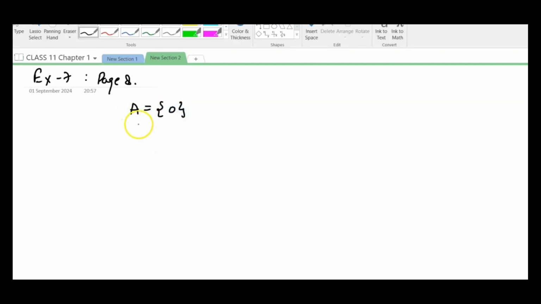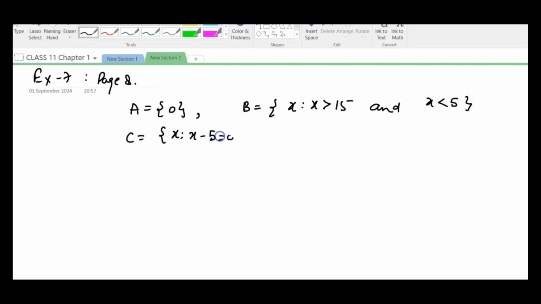A is equal to {0} and B is equal to {x such that x is greater than 15 and x is less than 5}. C is equal to {x such that x minus 5 is equal to 0}. D is equal to {x such that x square is equal to 25}.